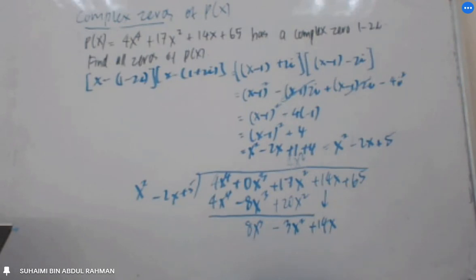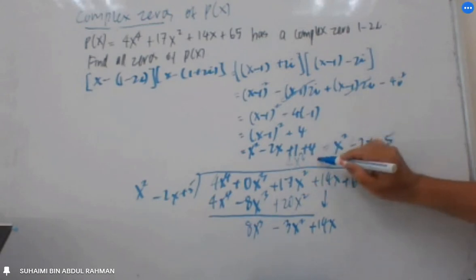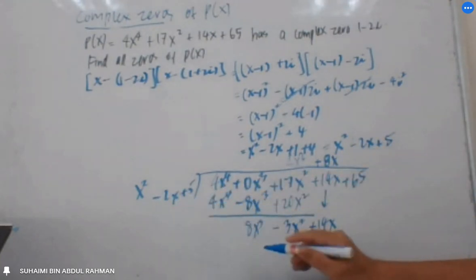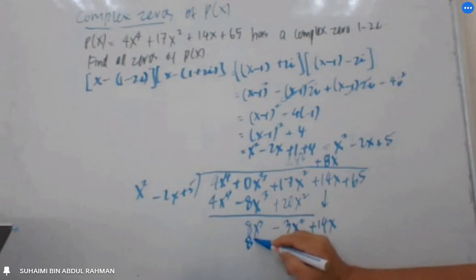What do you get? Eight x. Plus 8x. Multiply: 8x cubed.